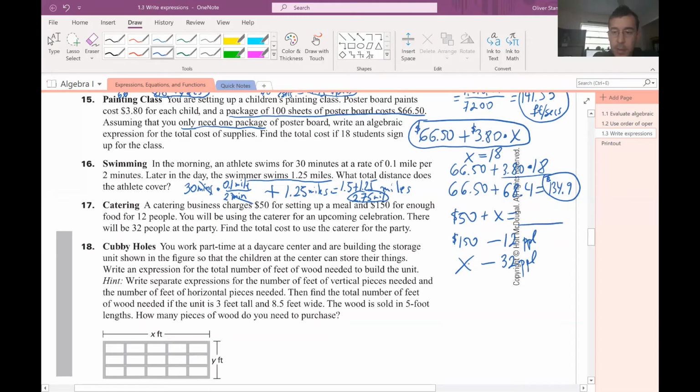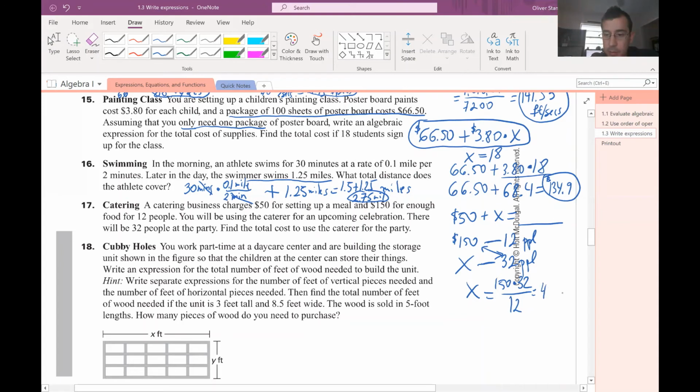Okay. So how do we find this x? When we have $150 for 12 people, how much for 32 people, then x in this case is going to be, we have to cross multiply 150 times 32 and then divide by 12. So let's do this in the calculator. 150 times 32 and then divide by 12, we get 400.